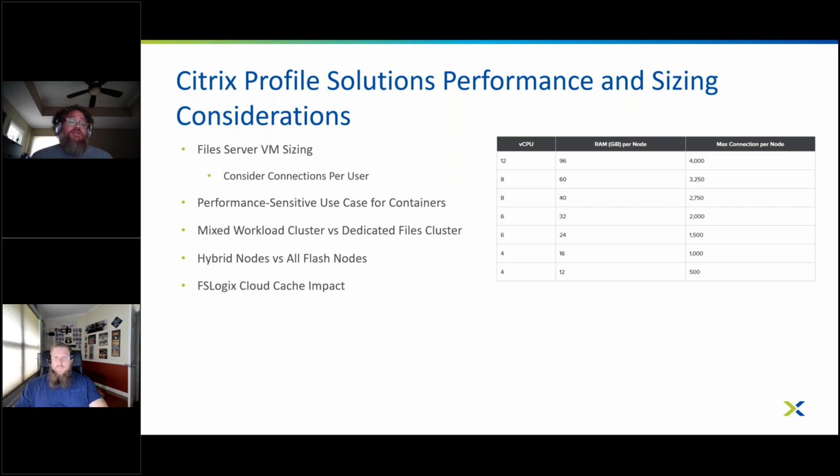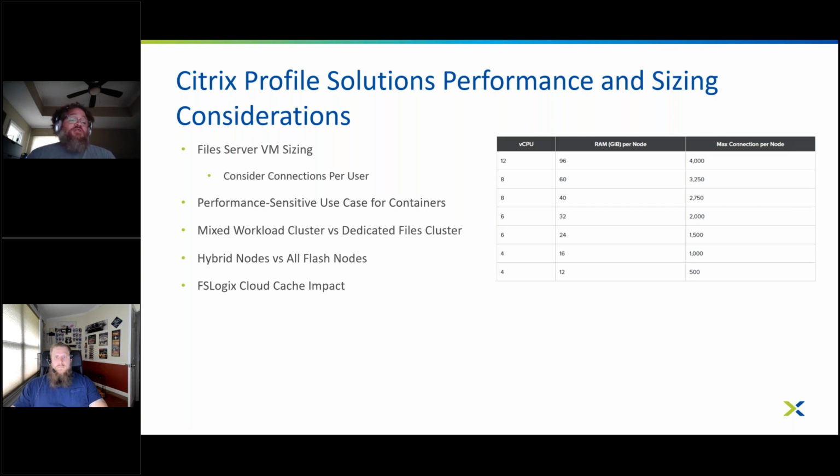If you're putting both containers in the same TLD, that's 1,500 connections. If you're putting those containers for Office and Profile in different TLDs or different shares, that's 3,000 connections because they double. So when you're sizing out your file server VMs, think about your connections to make sure you have the proper resources on the FSVM.